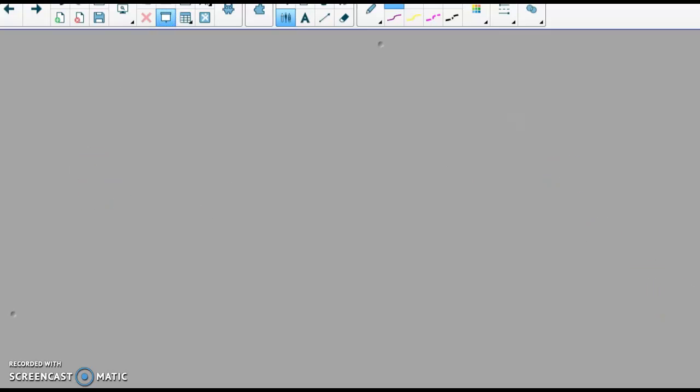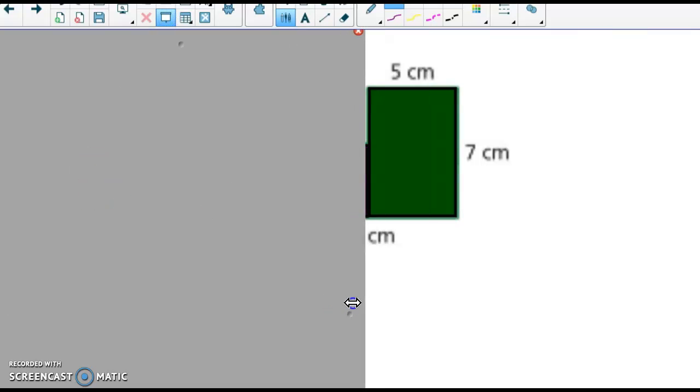Again, I'm going to look at one rectangle at a time. It helps me focus on my dimensions. All right, so what are the dimensions of the green rectangle? Seven by 5. So the green rectangle, the area is 7 times 5.